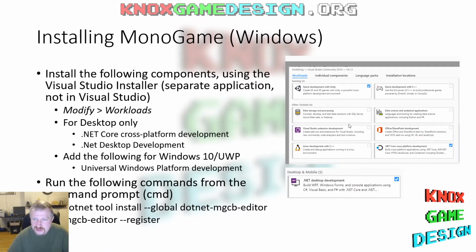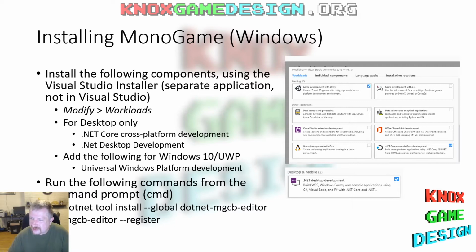So I was just showing there are what they call workloads in the Visual Studio installer. At the least you'll need to get the .NET desktop development environment. Check that, and the .NET Core cross-platform development. Make sure those two are selected and installed, and you install those using the Visual Studio installer. This is one thing I had a problem with.